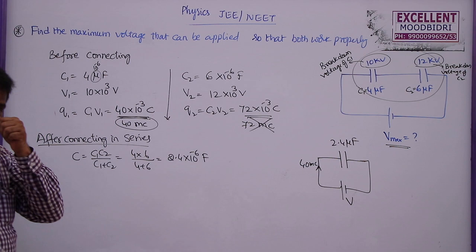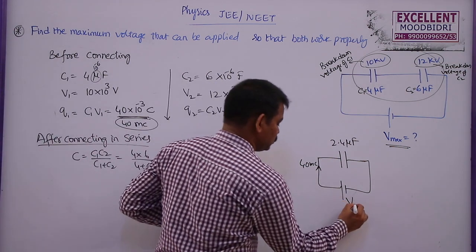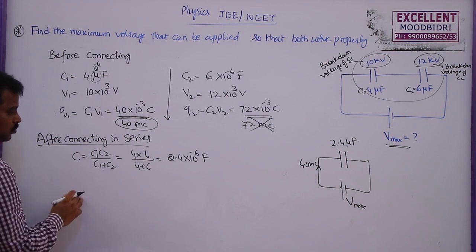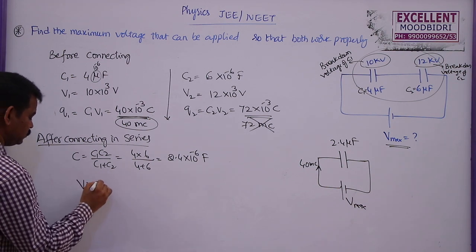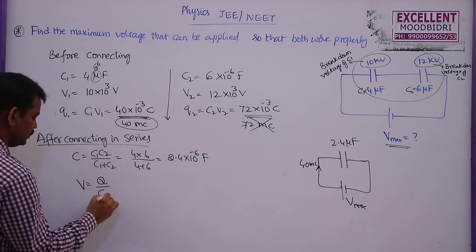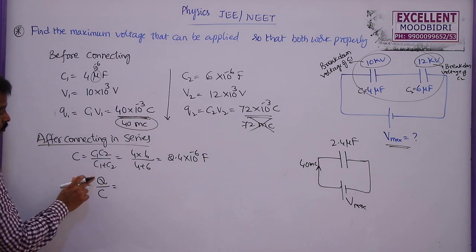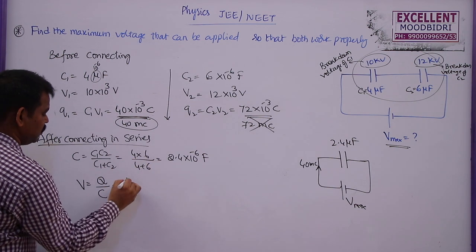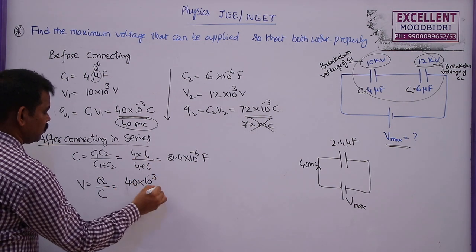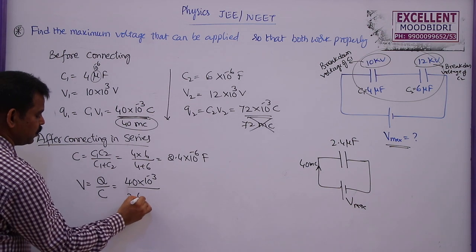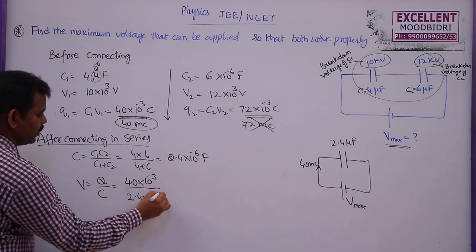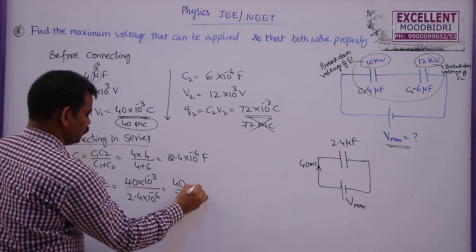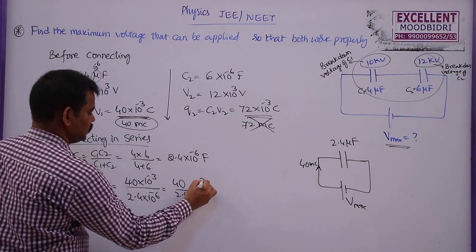So to give this 40 millicoulombs, what must be the voltage of the source? Now we can write Q is equal to CV, so V is equal to Q by C. The maximum amount of charge that can be given to this circuit is 40 millicoulombs, divided by C, which is 2.4 into 10 power minus 6. When it goes up, 10 power plus 6. So 40 by 2.4 into 10 power 6 minus 3.